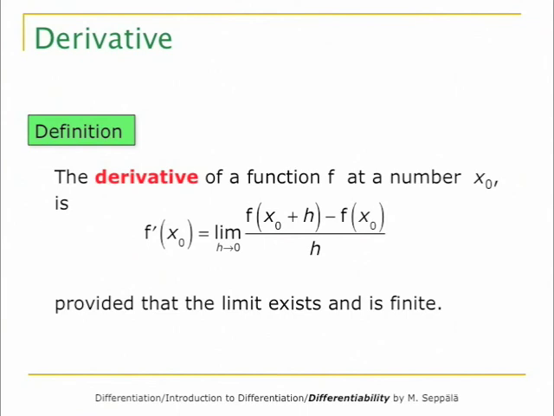If this limit exists and if it is finite, then we say that the function f has derivative at the point x0 and that this limit is the derivative of the function f. The derivative of the function f gives also the slope of the line tangent to the graph of the function f at the point (x0, f(x0)).